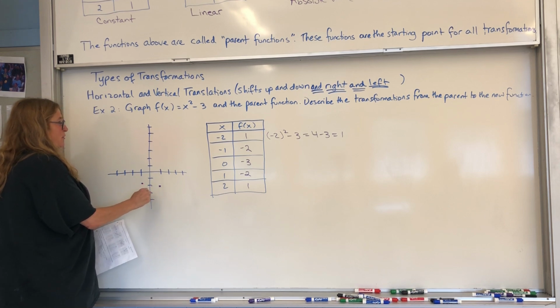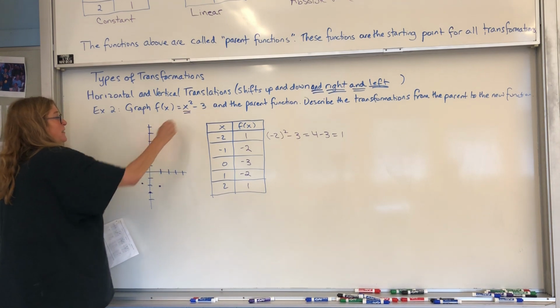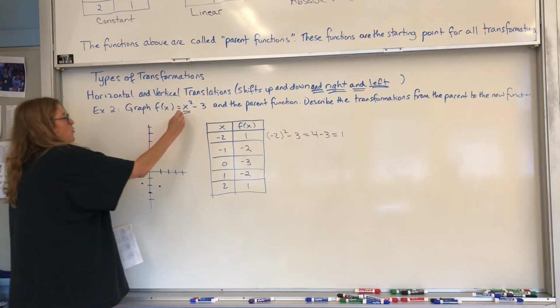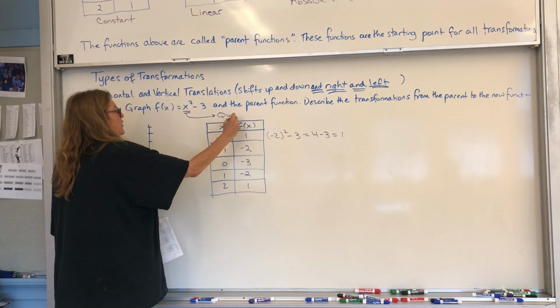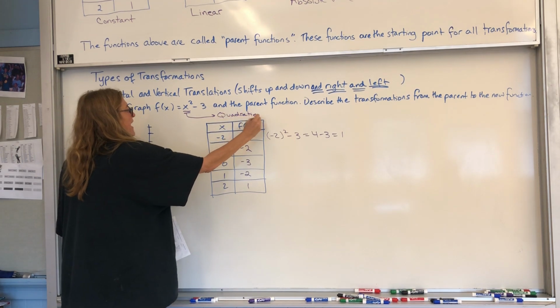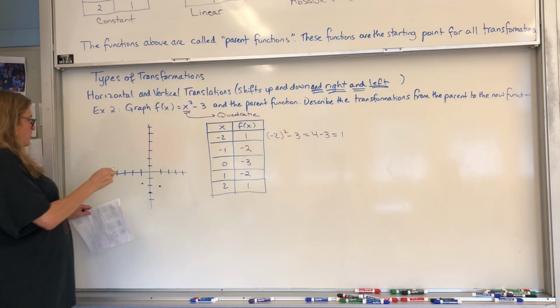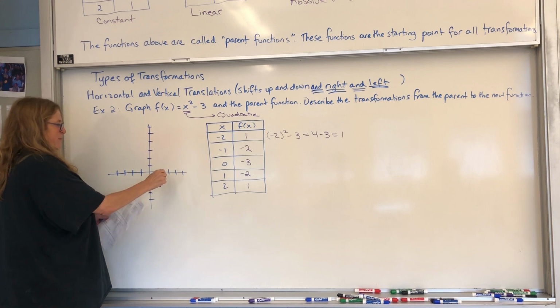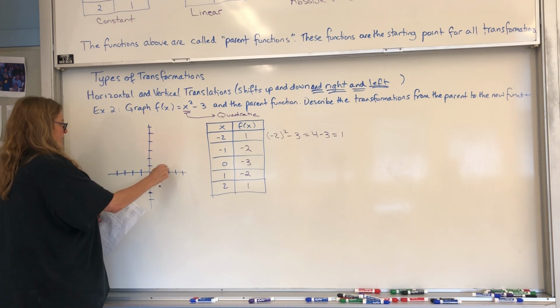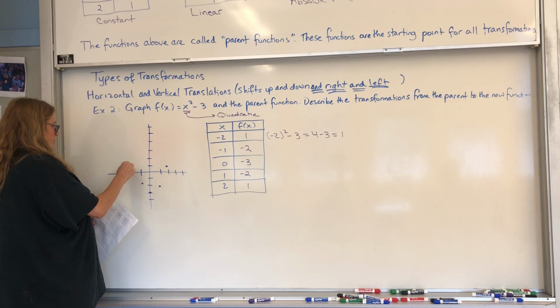And then we can see it says x squared. So we know this is a quadratic just from the equation. So we're going to compare, maybe I'll even sketch the parent function as well.